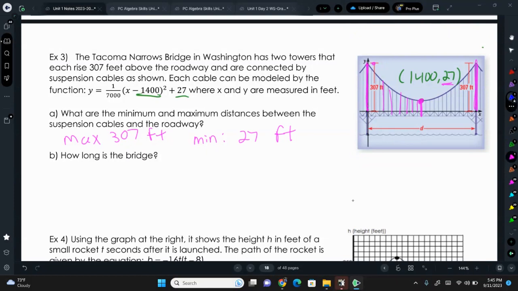Then how long is the bridge? Well, horizontal distance, we know the vertex is halfway there, and halfway there is 1,400, so then we multiply that by 2 to get 2,800 feet. So we're able to use vertex form to get these answers.